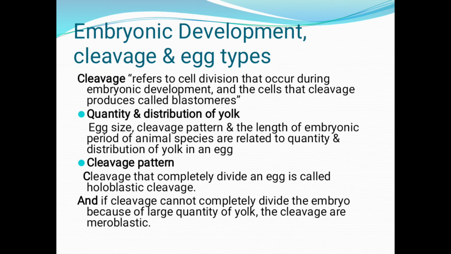There are two types of cleavage pattern, holoblastic cleavage and meroblastic cleavage. Cleavage that completely divides an egg is called holoblastic cleavage, and if cleavage cannot completely divide the embryo because of a large quantity of yolk, then the cleavage is meroblastic.